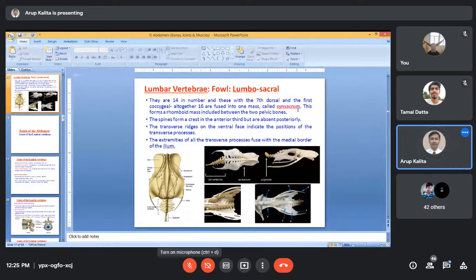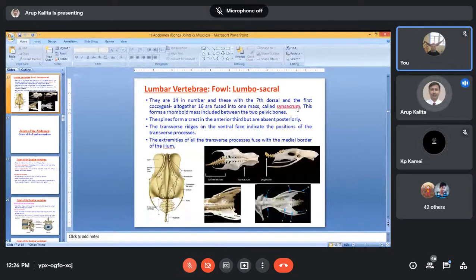And the last one is the first coccygeal. So 7th thoracic, 14 lumbosacral, and first coccygeal together form a single piece of bone known as the synsacrum. Clear? Yes, sir. Total how many bones are required to form the synsacrum? 16.